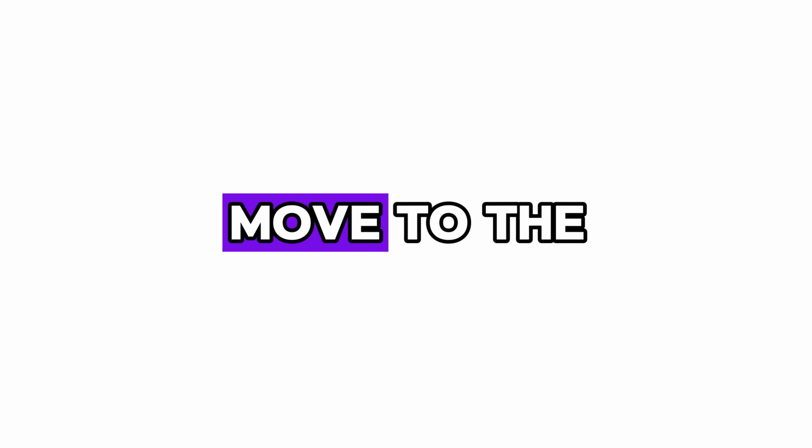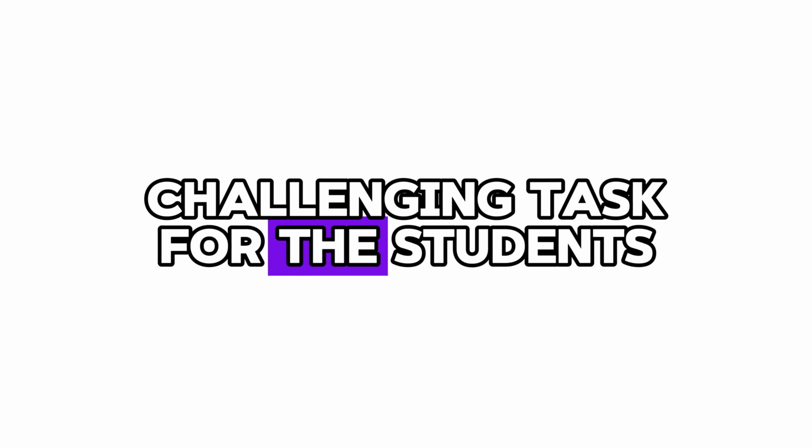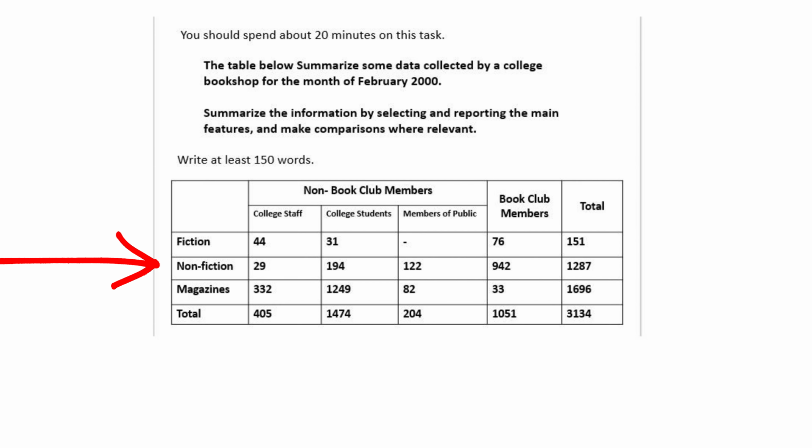So let us now move to the overview. Overview is always a challenging task for the students. Let us see how we can pick up some points to make a good overview. Now when we look at the table, we can see that book club members bought in all 1051 books.